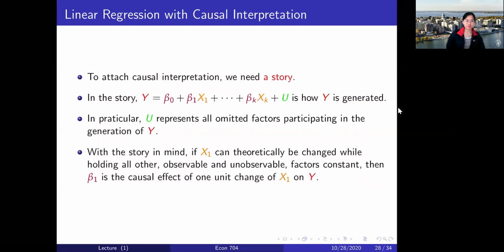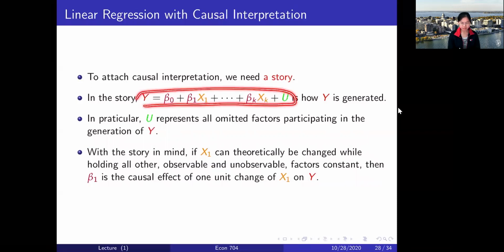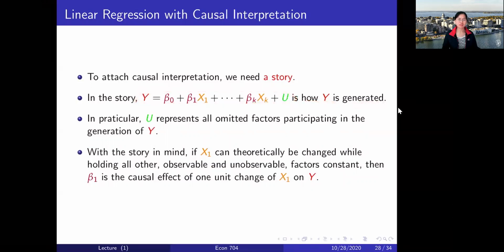In that story, this equation should be how Y is generated. You should be committed to the story that this is how Y is generated in the real world, in the population.